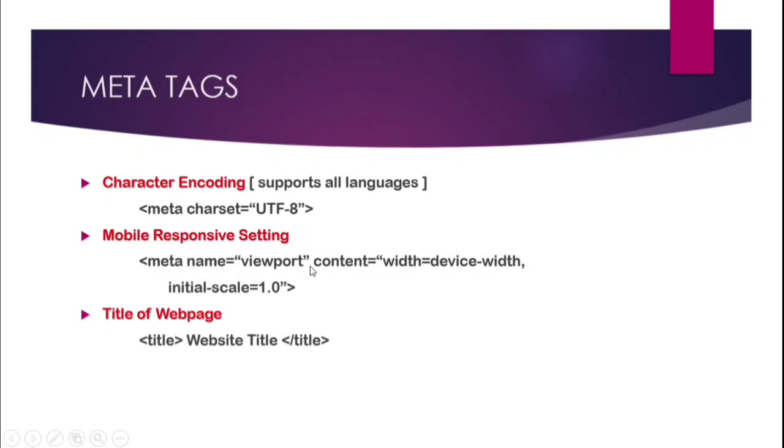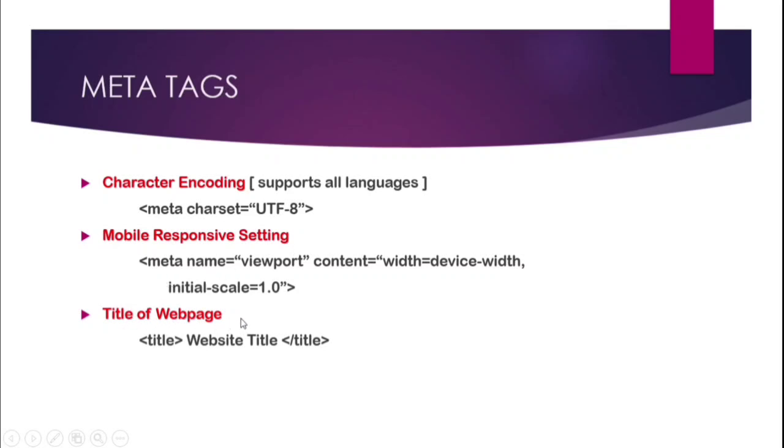It is the setting that we use for viewport. Here we are mentioning that the content width is device width. So whatever the width of the device that you are using, like the laptop or the mobile phone, that width will be taken into consideration when we are viewing the website. That is done by using the mobile responsive setting that we have here. Then we have the title of the web page.